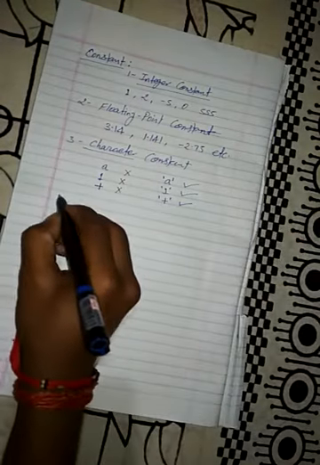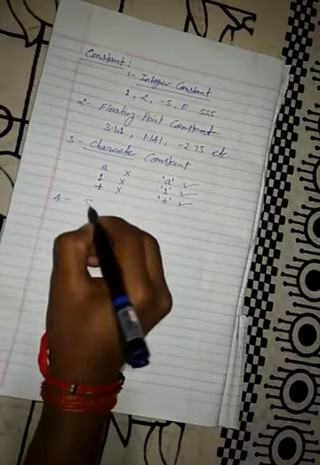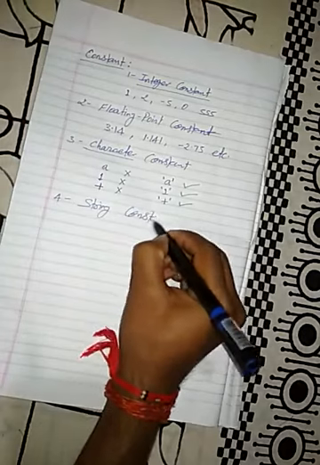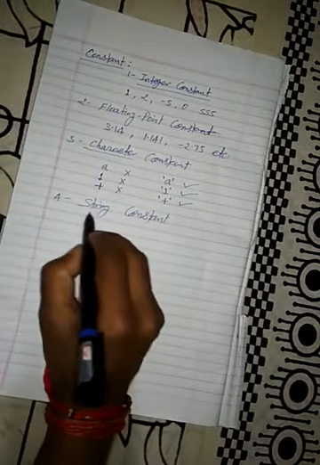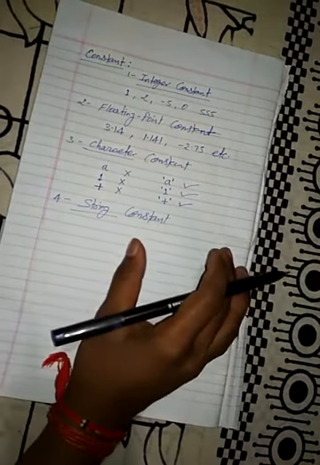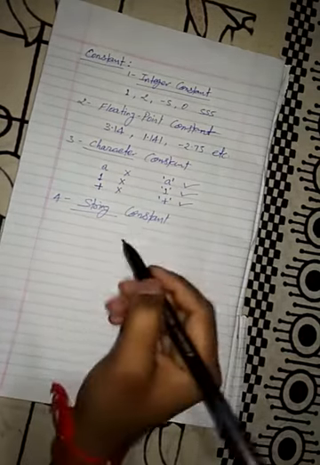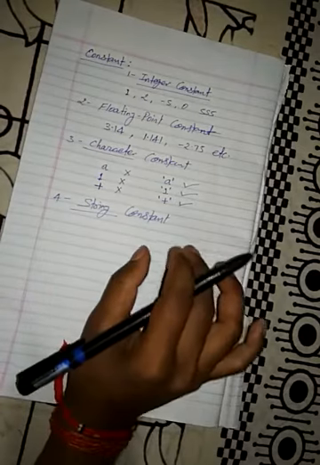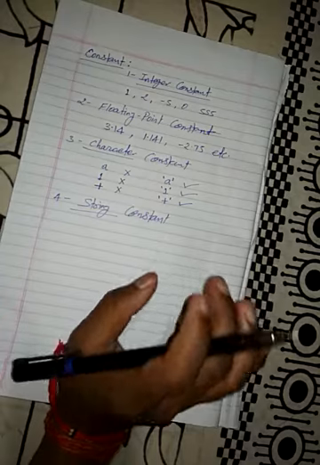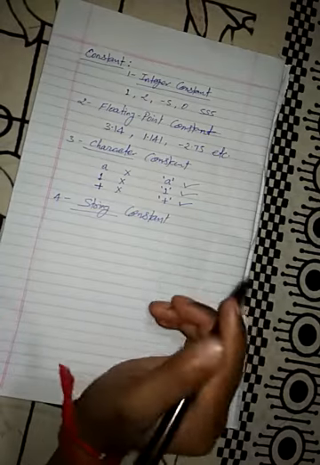The fourth point, string constant. What is this string constant? Same thing, a string value that never changes within the whole program will be a string constant. But we have to understand what a string is. A string is the collection of symbols or the collection of characters within double quotes.